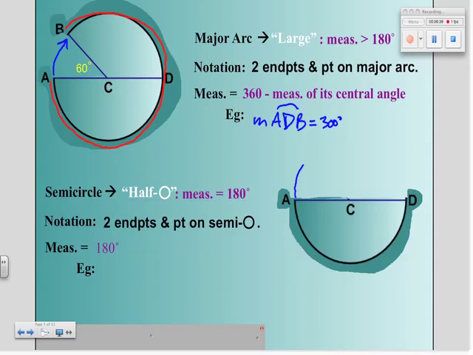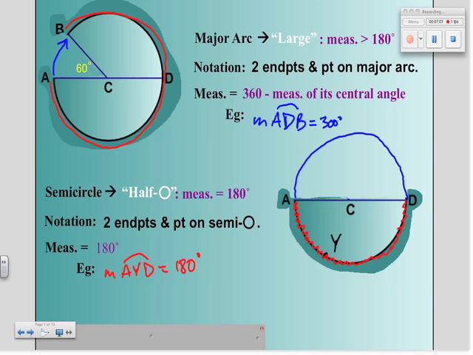We'll call this point Y. And if I want this lower semicircle, you'll notice I started at A, went through Y, and stopped at D. So we would call this the measurement of arc AYD with the arc notation equals 180 degrees.